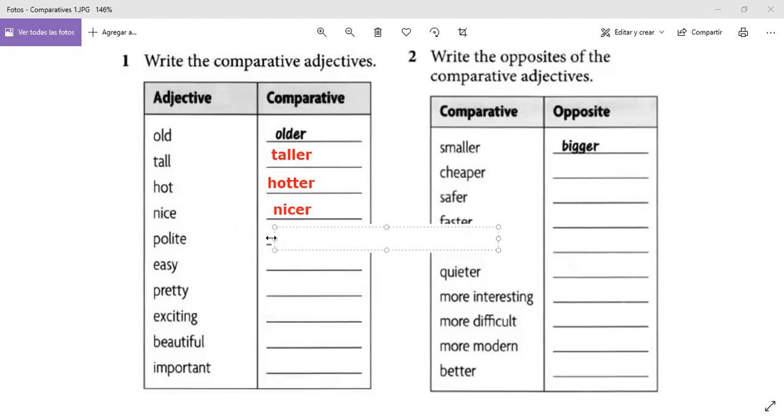Polite. What about polite? Politer. Really? So is it politer or more polite? Politer. Are you sure? Yes.